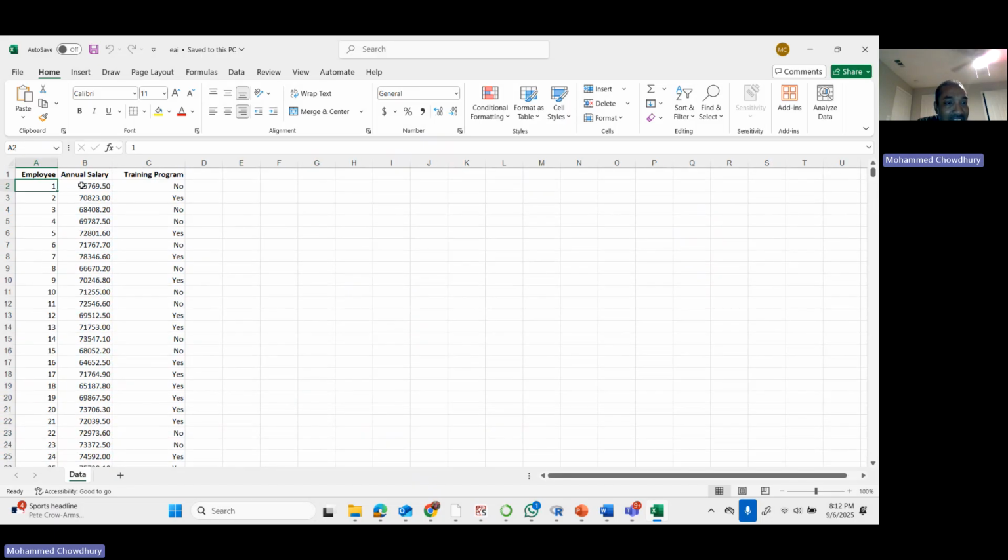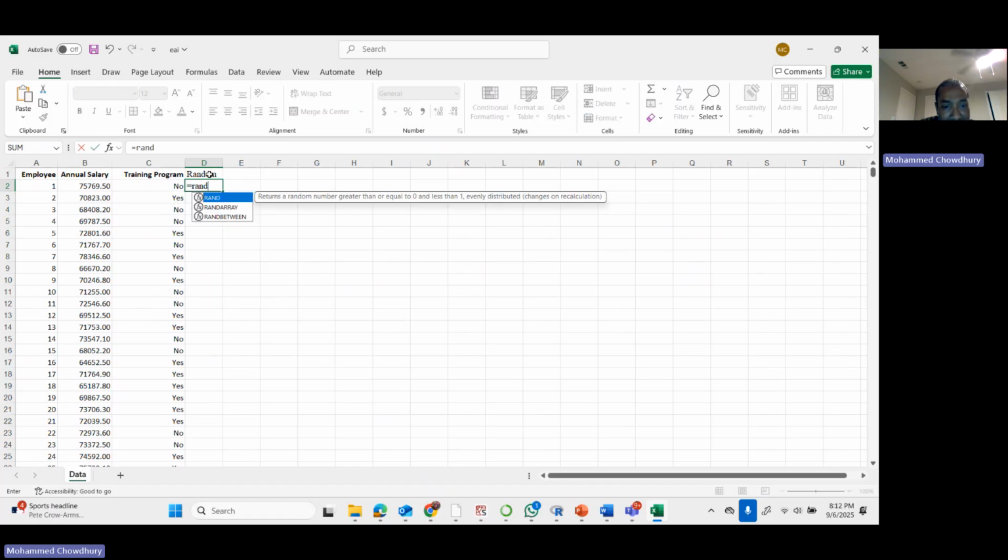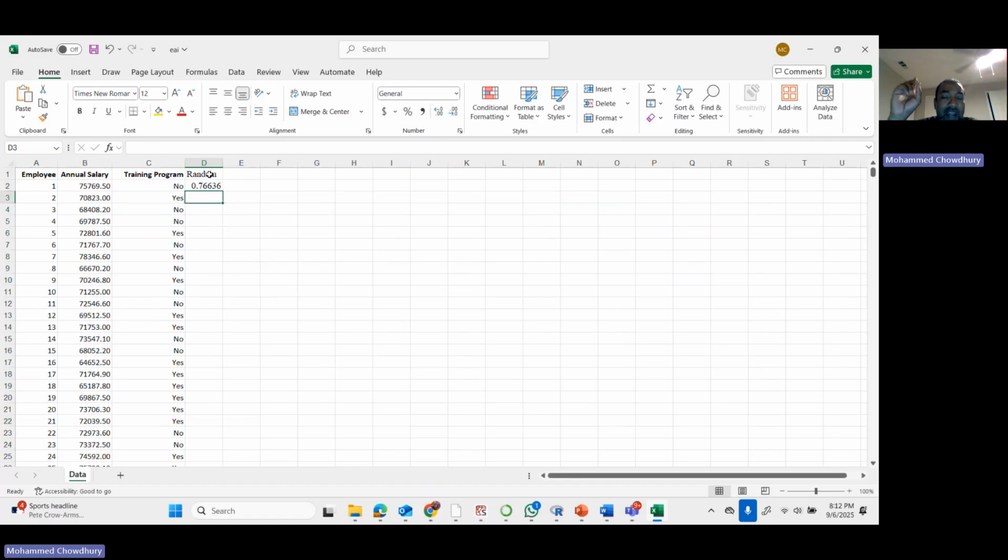From these data, first of all, I want to take a random sample of size 30. In order to do that, I put a column called random and write rand, and one random number between 0 and 1 is generated.